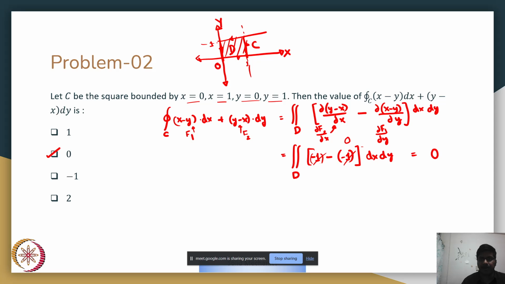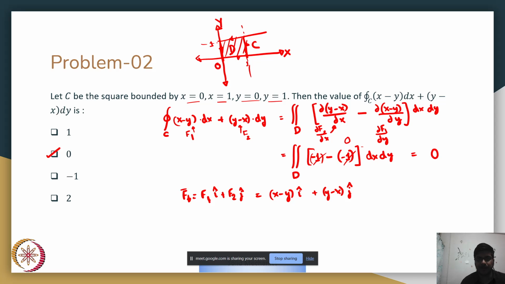This raises an interesting question, whether, like in the first week's lectures, we studied what are conservative vector fields. So if I have to write this path integral in terms of a vector field, it would be nothing but F equal to F1 times i plus F2 times j, which is equal to (x − y) i hat plus (y − x) j hat, right?